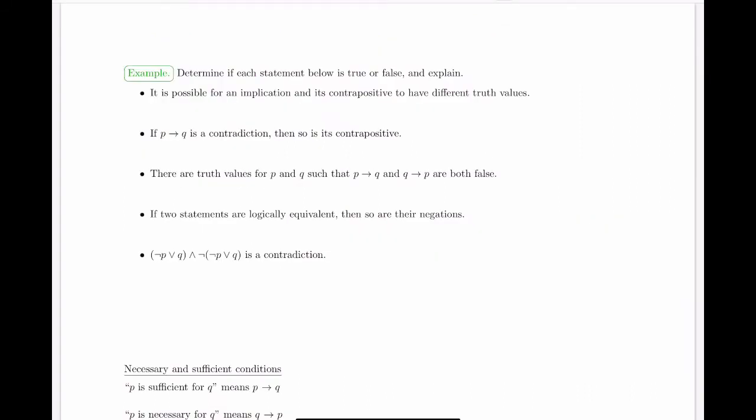Now, as I mentioned earlier, the conditional and its contrapositive are the two main implication forms that we care about. Everything else can actually be derived through them. So in order for us to solidify the naming of them as implication or conditional and the contrapositive, let's take a look at some of these examples.